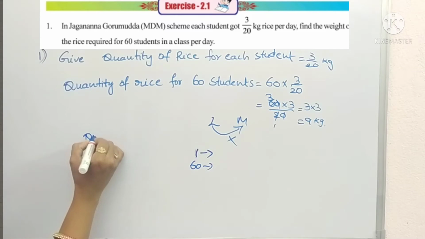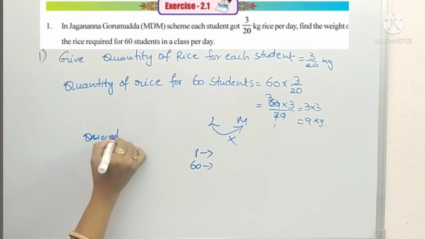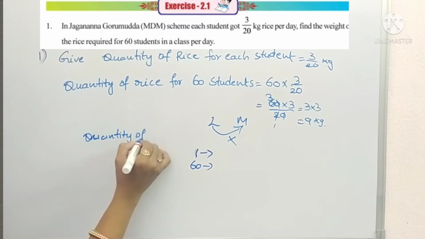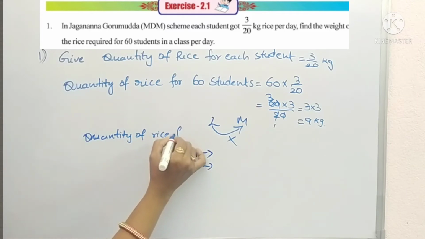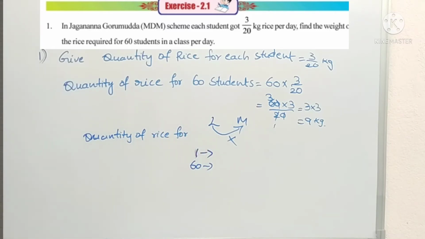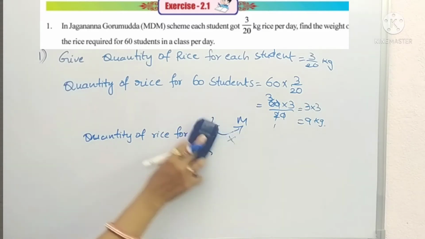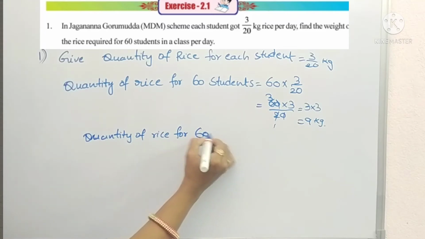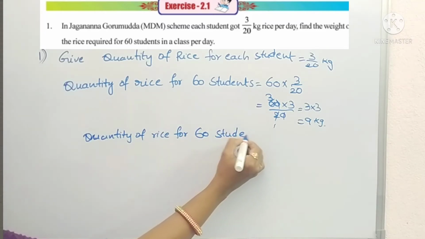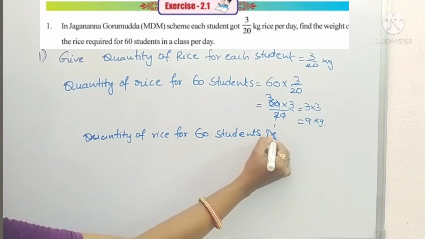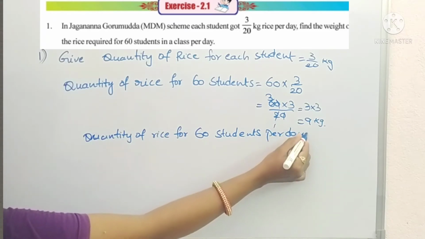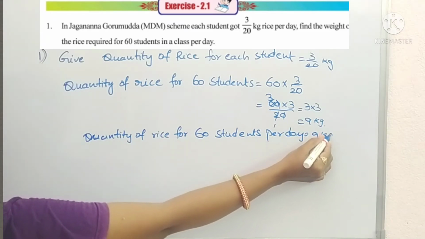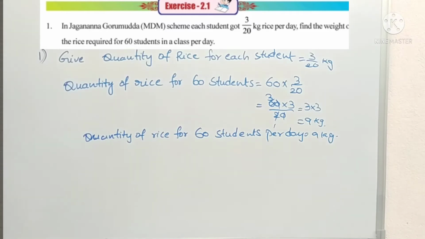You can write another step: quantity of rice for 60 students per day is equal to 9 kgs.